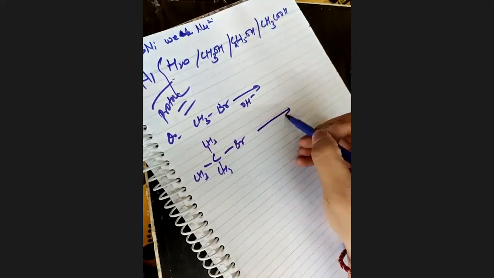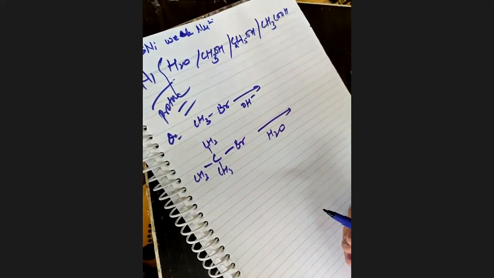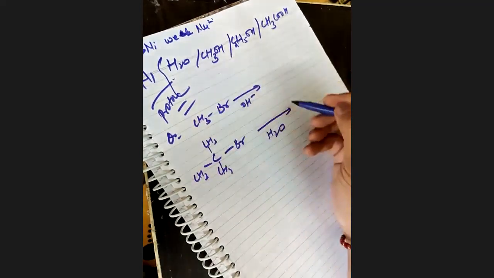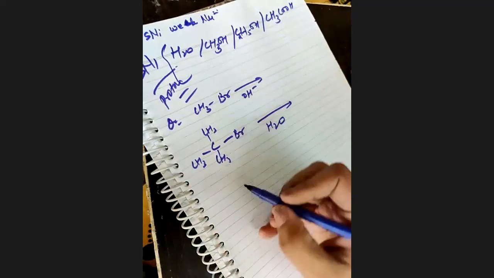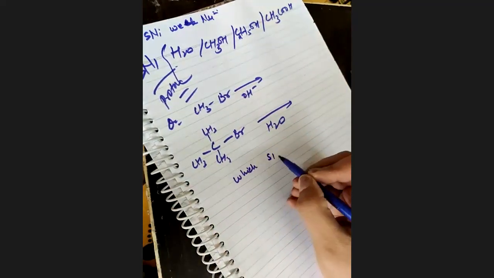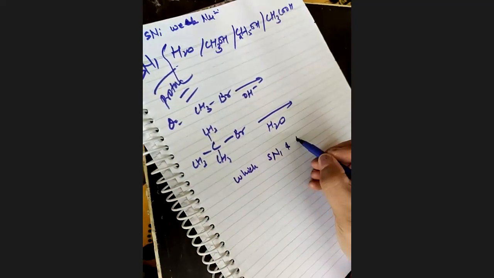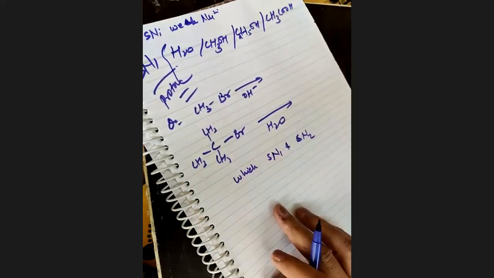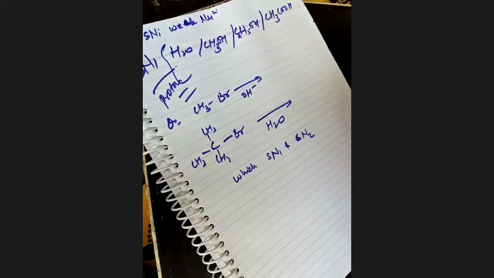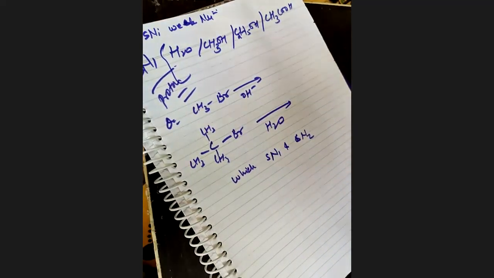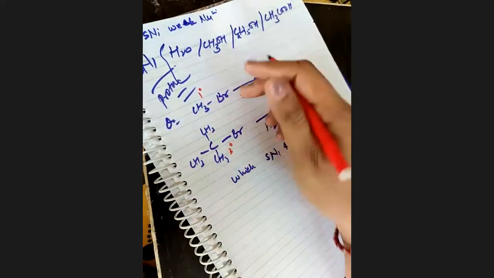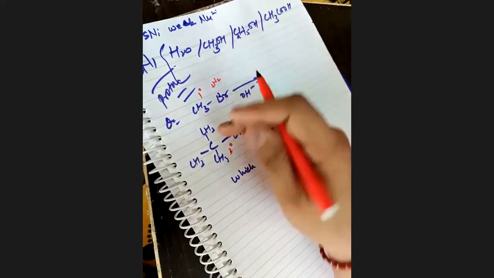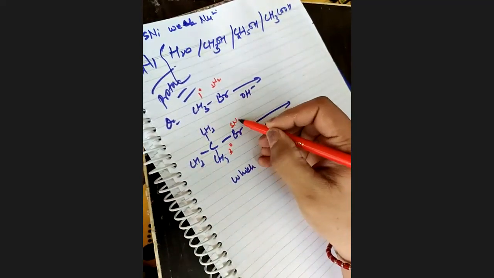CH3Br, H2O. So instead of just thinking about it, what is the first thing we will look at? The first thing is to compare which one is SN1 or SN2. Clear? So first, take a look at this alkyl halide. This is primary, this is tertiary. So clearly it is SN2. For the second, it becomes SN1.